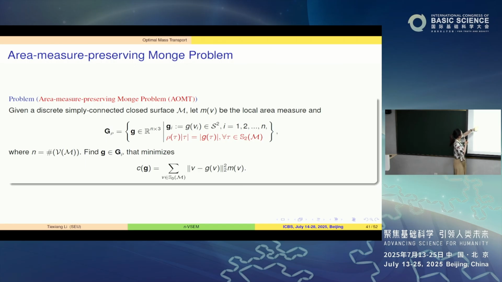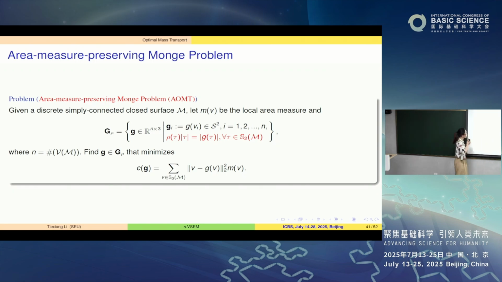Using all these concepts, we define the area measure preserving Monge problem. We call it AOMT. Given a discrete simplicial closed surface M, let mu be the local area measure, and G is a set of maps that can map M to a sphere and satisfy this mass preserving condition.